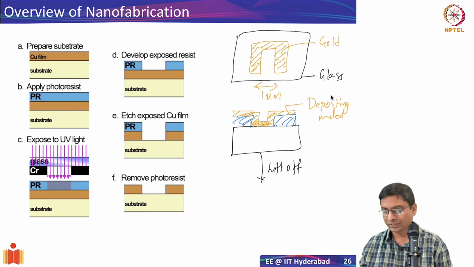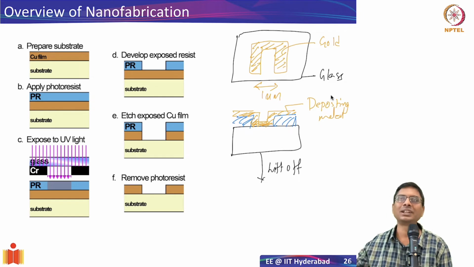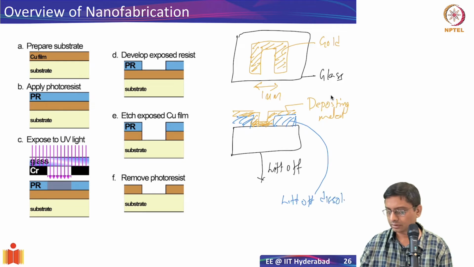Okay. So that's a deposition step. The lift off process basically removes the photoresist, in this case, wherever you have the gold, right? Lift off dissolves PR, leaving behind gold.